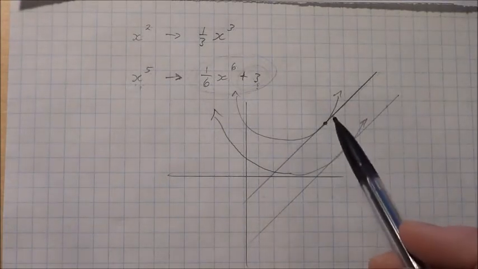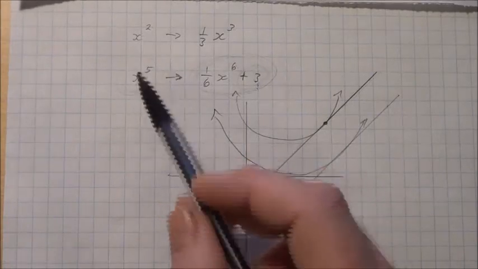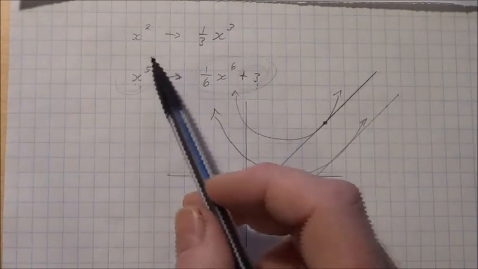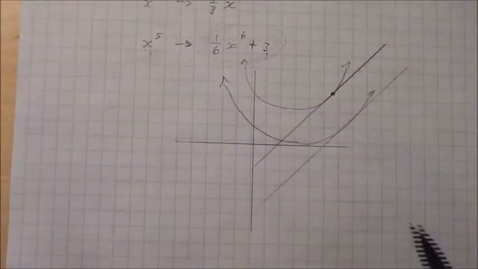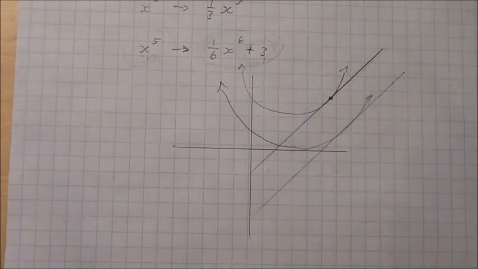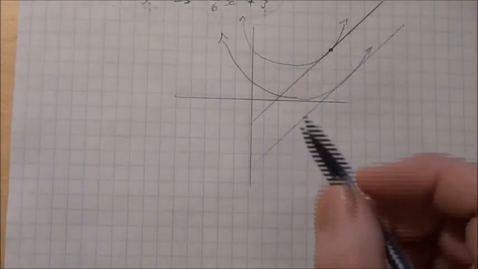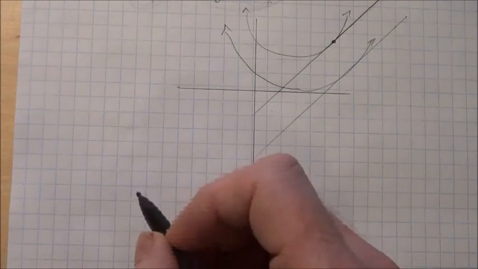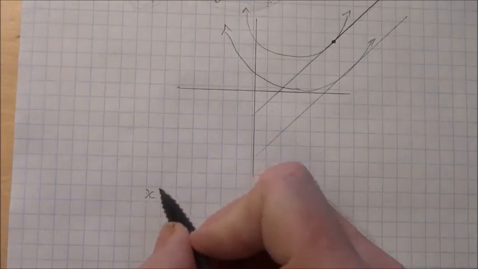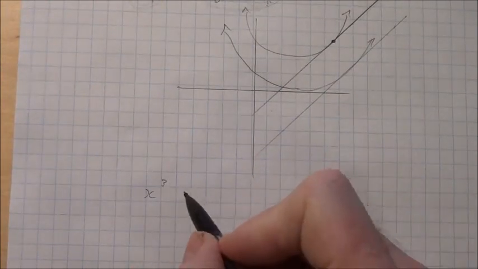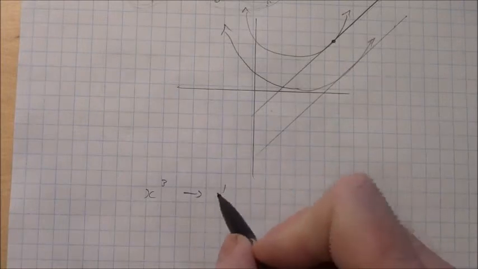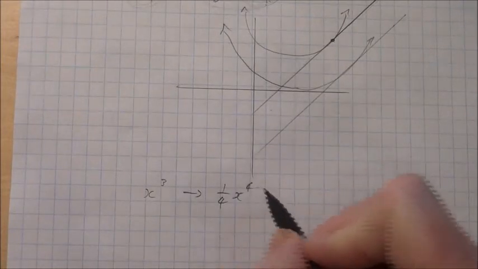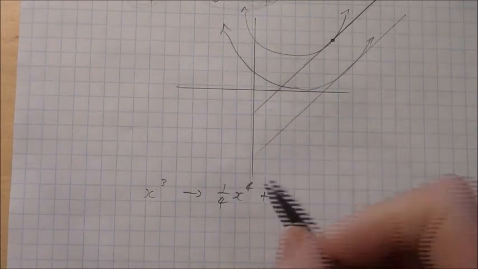So therefore, when we take the antiderivative or the integral of a function, we need to add in the possibility of having some kind of constant there, some sort of translation. So if we had x cubed, then the antiderivative of that would be 1/4 x to the power 4 plus some constant c.